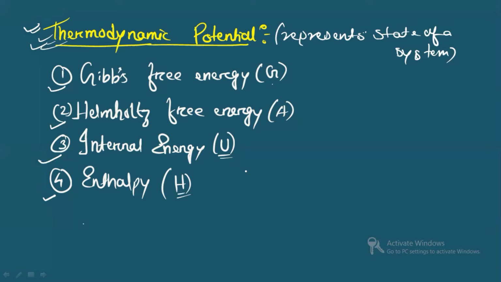These thermodynamic potential functions are perfect differentials. This is a very important point because this will be used in the Maxwell equations also. What does the perfect differential property mean? It means that the second partial differentiation relative to the second variable does not depend upon the order of the variables.